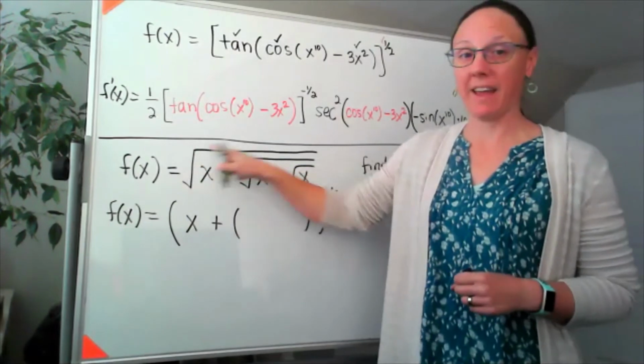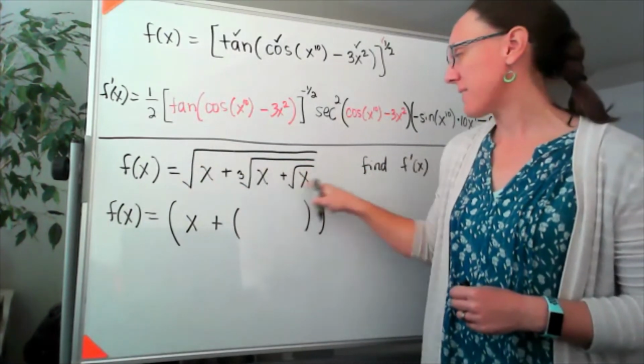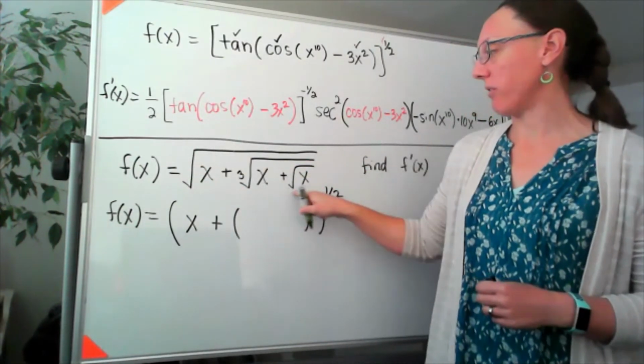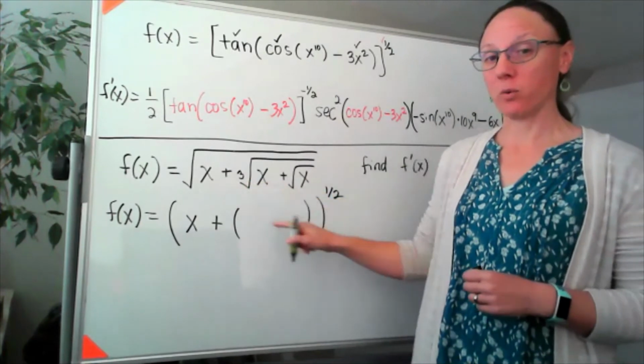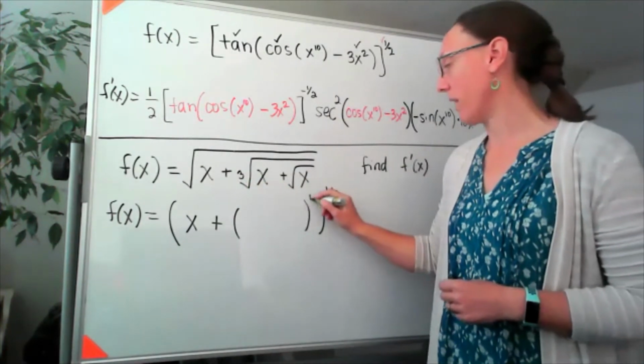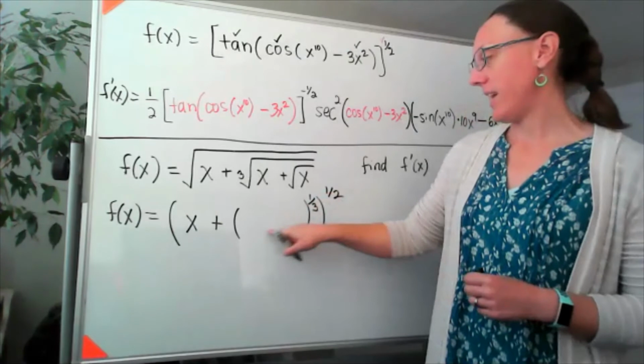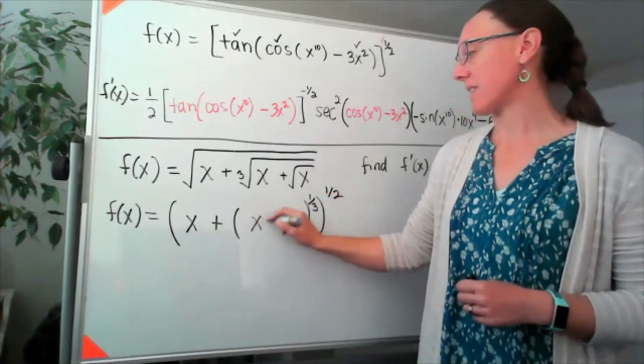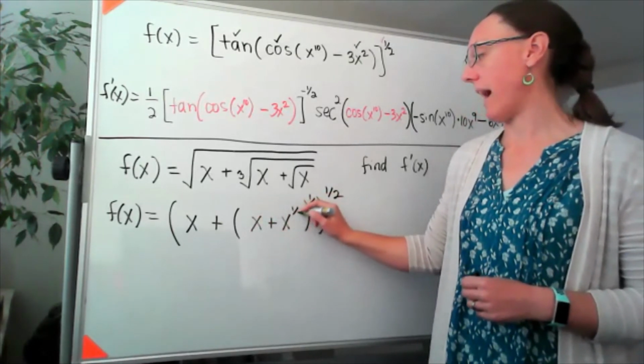So I rewrote that exponent. And then this part in here, the x plus square root of x, that's a cube root. So that'll be some stuff to the 1/3 power. And then in here, I'll have x plus x to the 1/2 power.